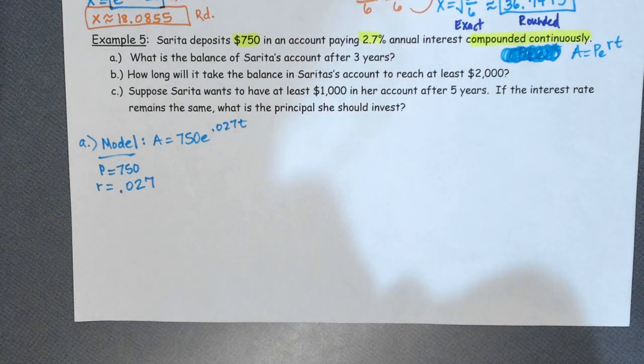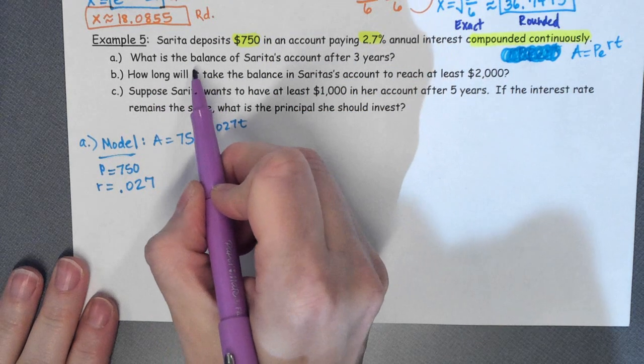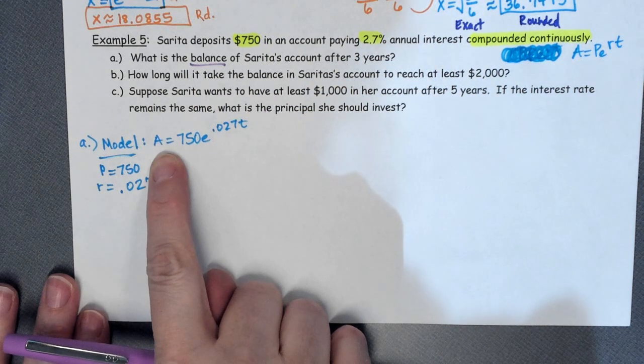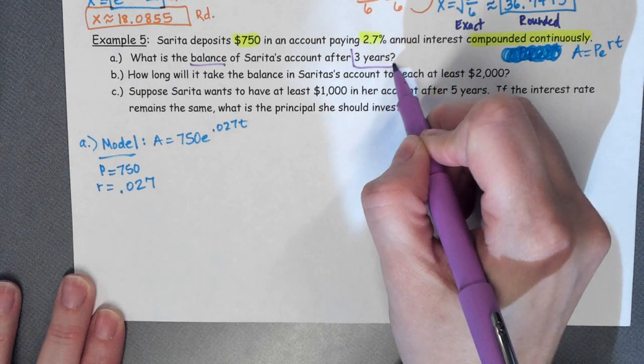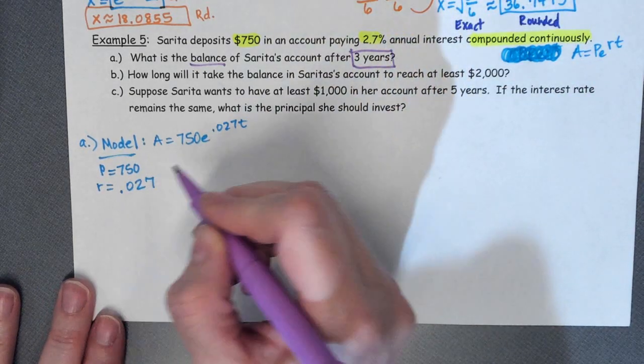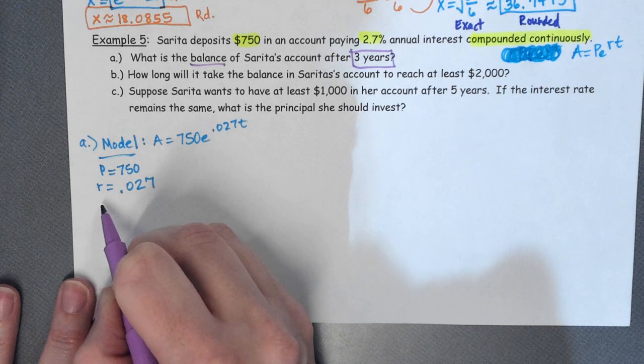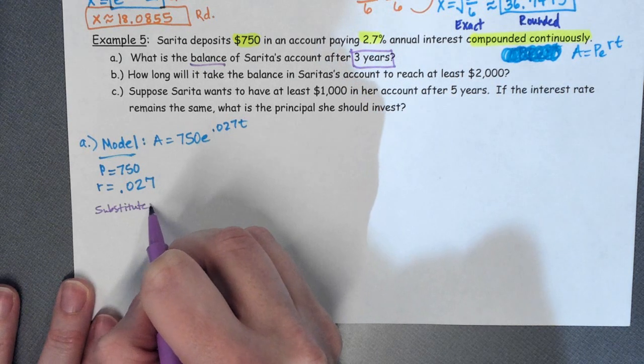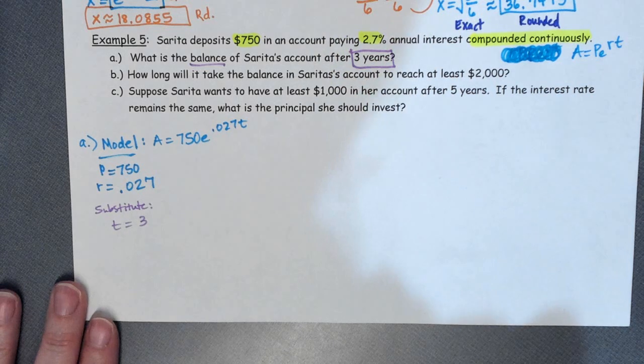But part A is asking us to find the balance after 3 years. The balance is A, it's the amount. After 3 years means I'm going to be plugging in 3 for t.